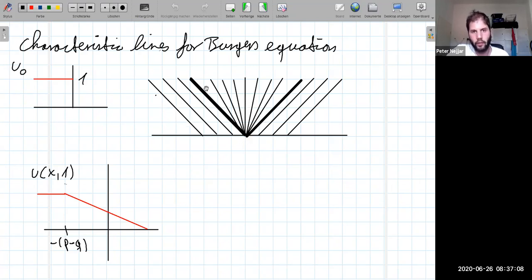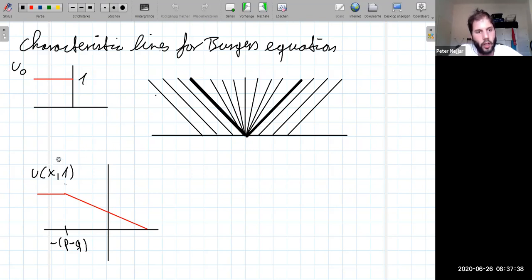Then you have this area here, this rarefaction fan, where a priori it's not clear what's actually going on, but what turns out to be true for the entropy solution of the Burgers equation is that the characteristics fan out inside this rarefaction fan. Going from slope -1 over p minus q, it goes continuously to the line which has slope 1 over p minus q.